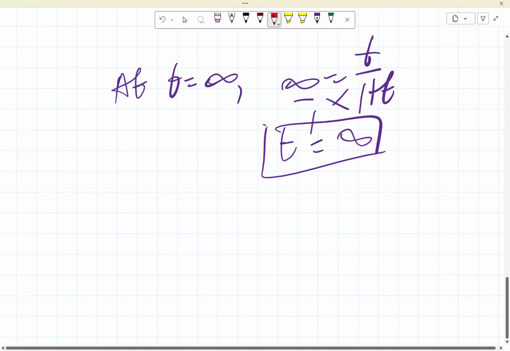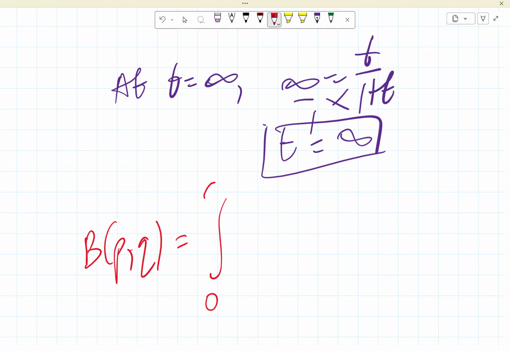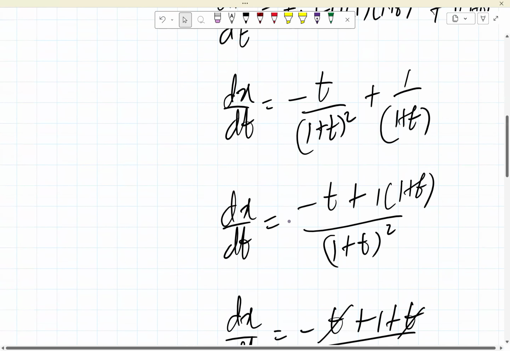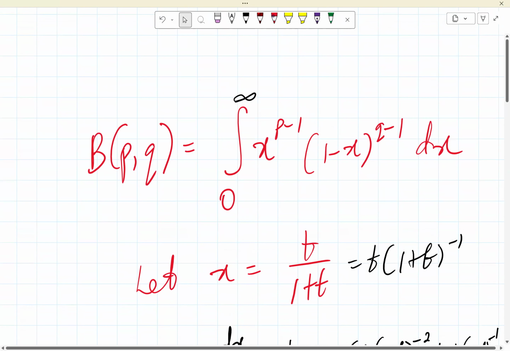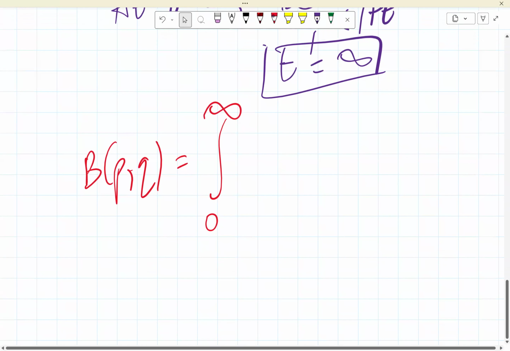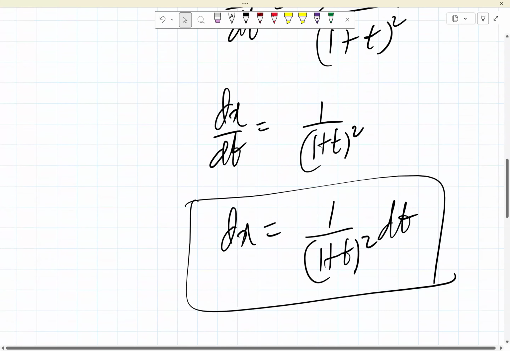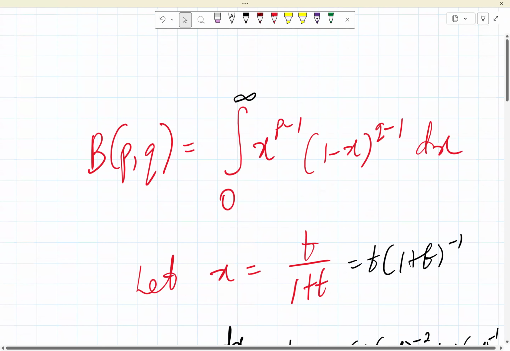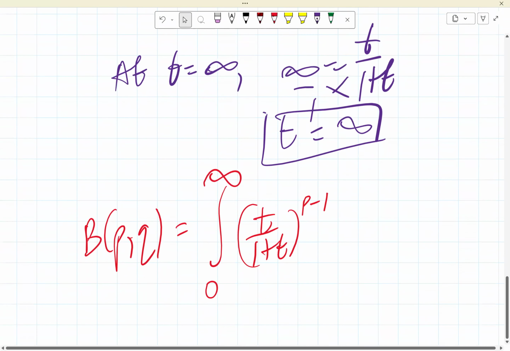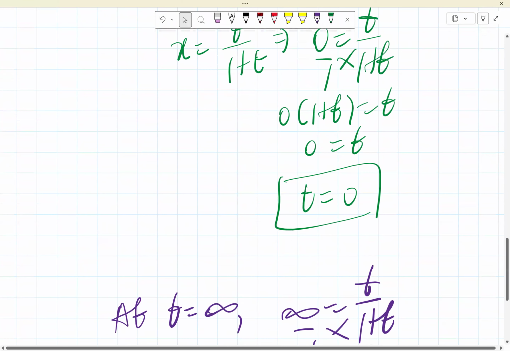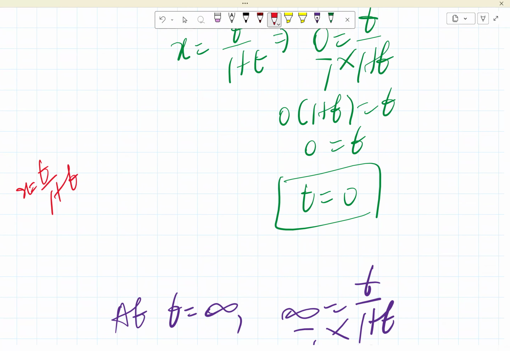So we now come back to the original expression, that beta of p comma q is now equal to the integral from 0 to infinity. Now we have said x should be t over 1 plus t, so you now have t over 1 plus t raised to power p minus 1. On the other hand, you have 1 minus x. Since x is equal to t over 1 plus t, 1 minus x is 1 minus t over 1 plus t.